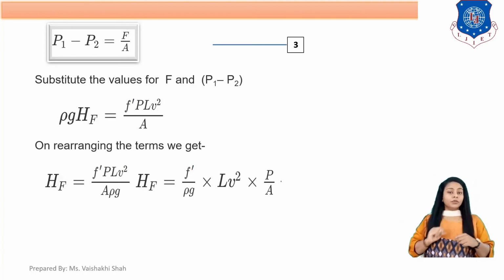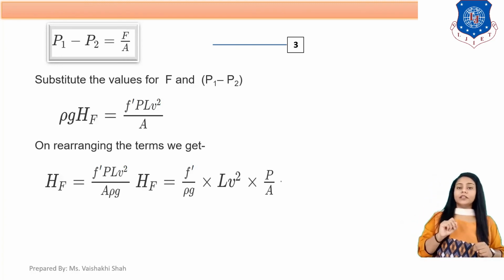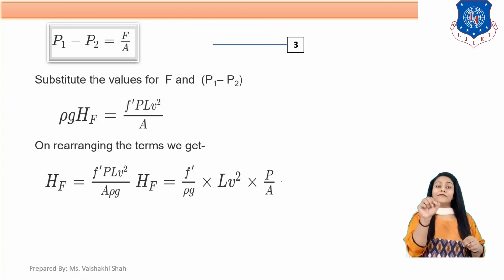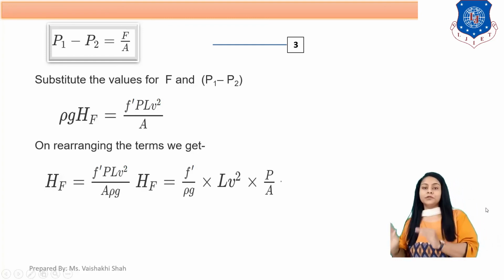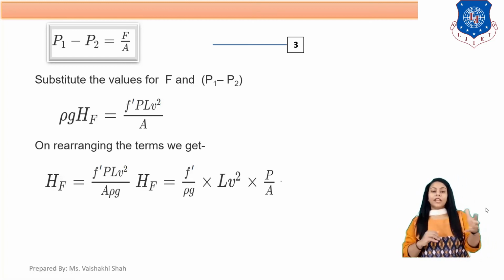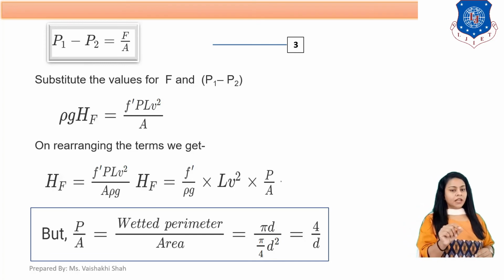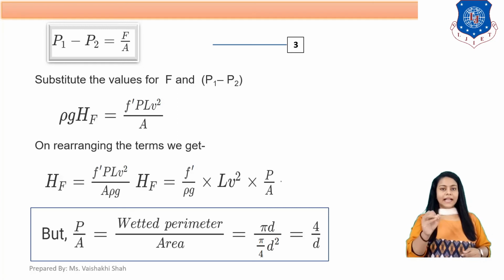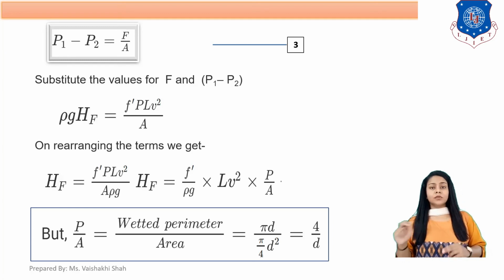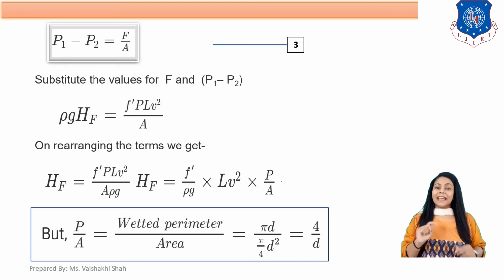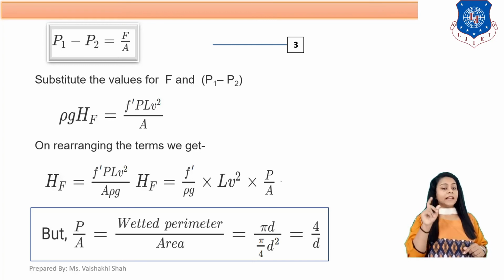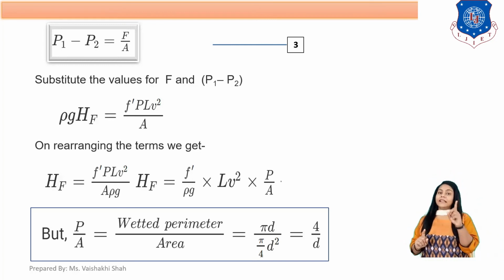And from equation number 2, force F equals F dash into P into L V square, divided by A. Now rearranging these terms, we get HF equals F dash P L V square upon rho A into g. Again rearranging, HF equals F dash by rho g into L V square into P by A. Now P is perimeter and A is area.